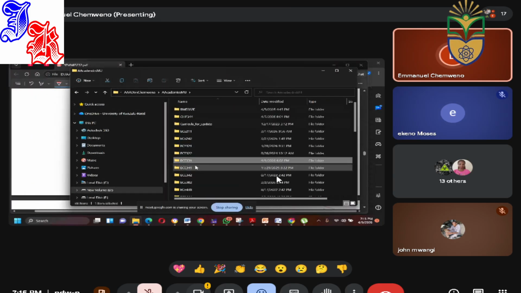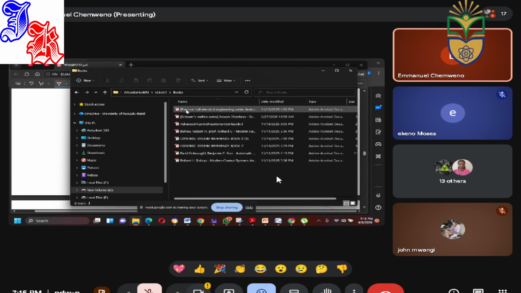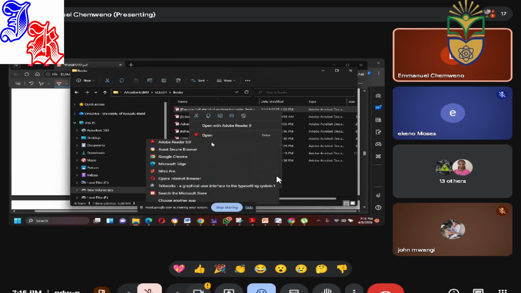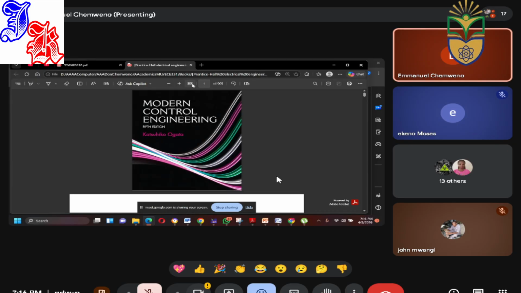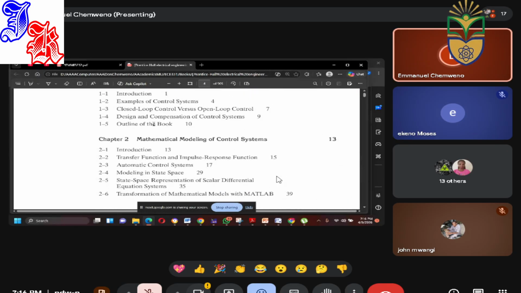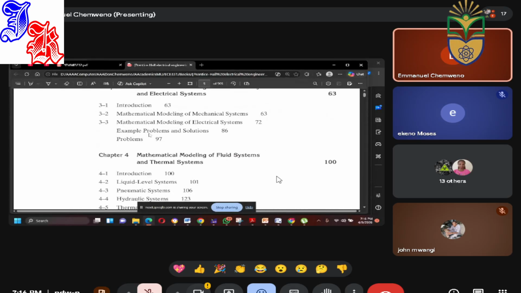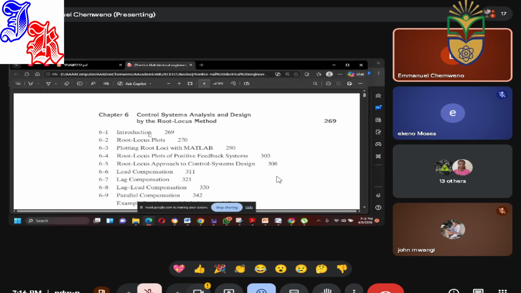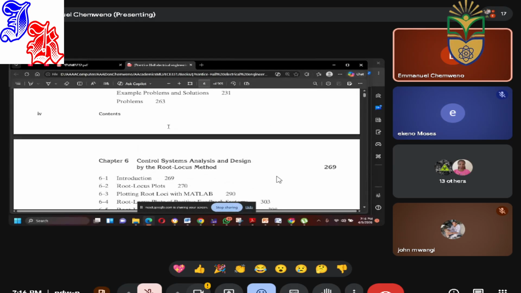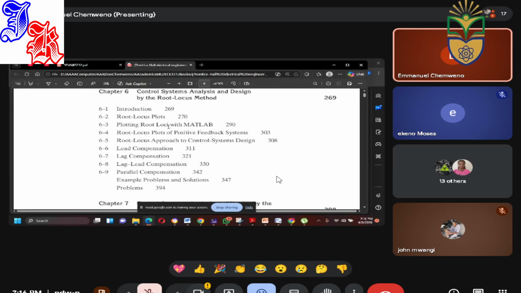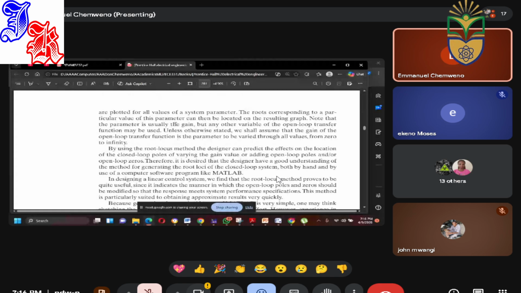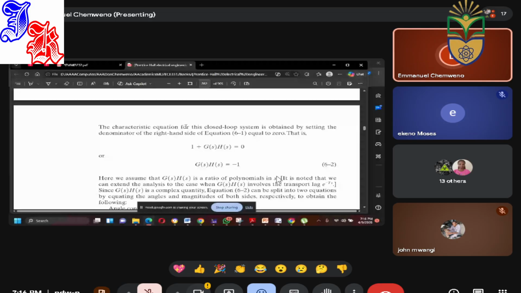I gave you this textbook by Katsuhiko Ogata. I want to go to Root Locus. This is basically what you have been discussing.